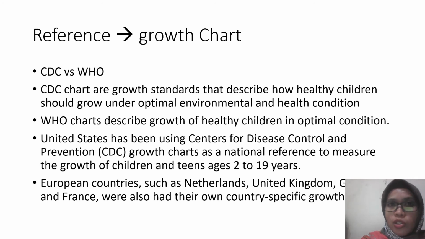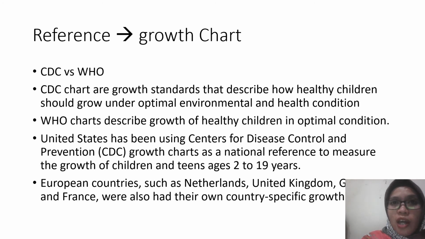There are many growth charts developed, either by a world organization like WHO or by a country. CDC charts are growth references that describe how children have grown, while WHO charts describe growth of healthy children in optimal conditions.